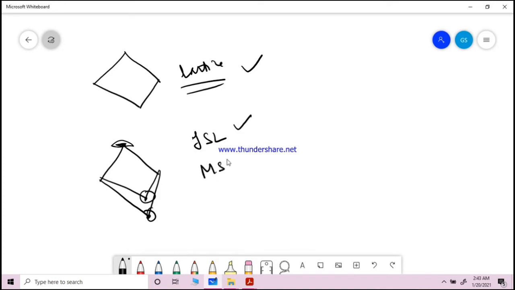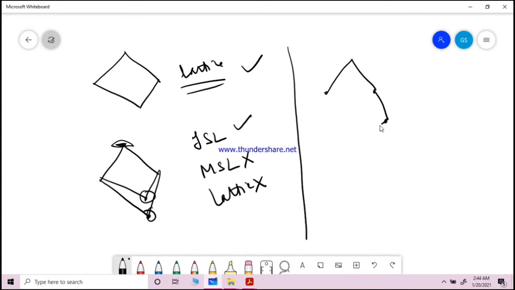So meet semi-lattice does not exist, so this is not a lattice. Next, if this is the case, yes, this is meet semi-lattice plus join semi-lattice and this is a lattice.